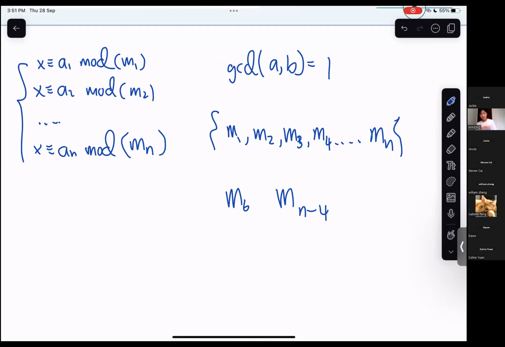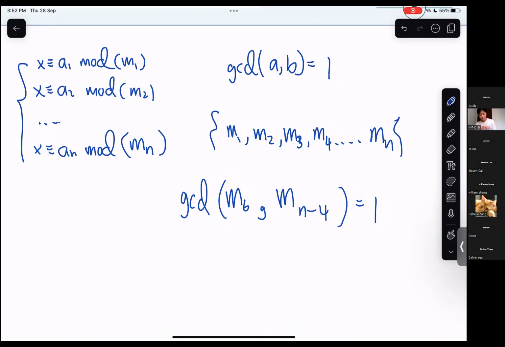I picked them completely randomly, but the condition for pairwise coprime means that any 2 randomly picked, their greatest common divisor is also equal to 1. You can also think about this as for all of the numbers in our set, any 2 of them have a greatest common divisor of 1.